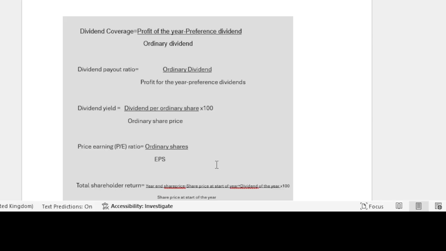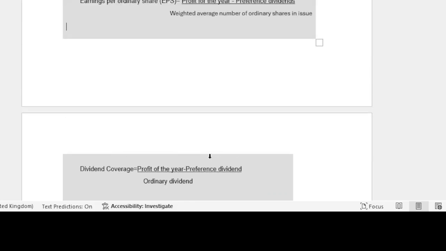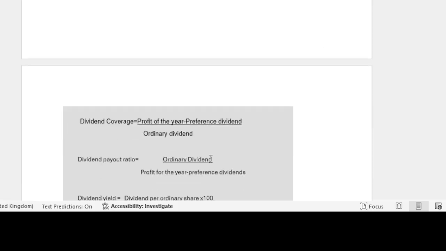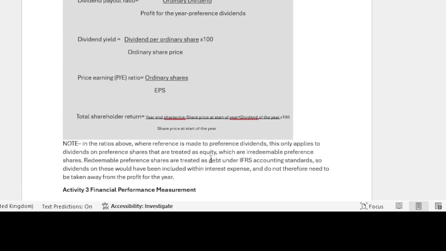We also have the price earnings ratio, where we use the ordinary share price and divide it by the earnings per share for the ordinary shareholders mainly. Remember, for the earnings per share, we use the weighted average number of ordinary shares that we have issued out.